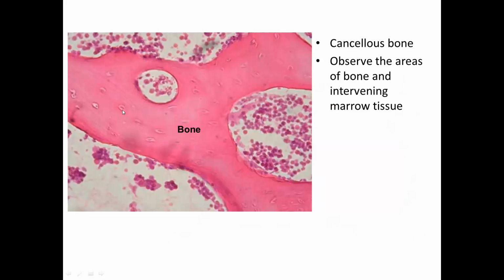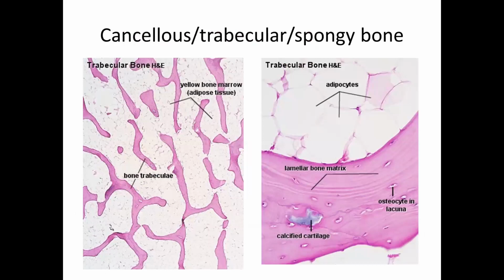Here again, you can see cancellous bone with the bone marrow intervening. Again, a section of trabecular bone. There can be adipocytes or blood cells and this lamellar bone matrix in between. This is called spongy bone or trabecular bone because of these spaces which are filled with bone marrow.